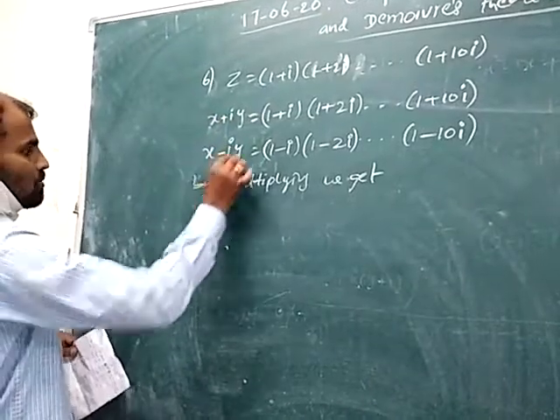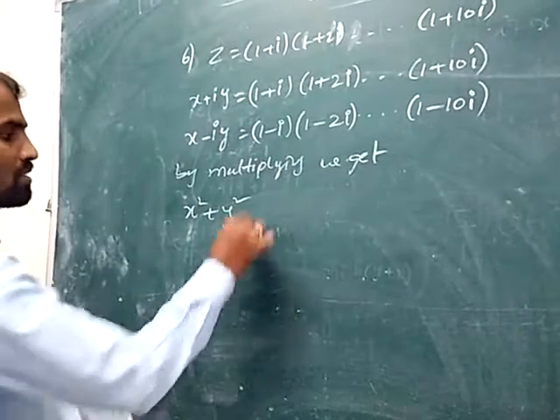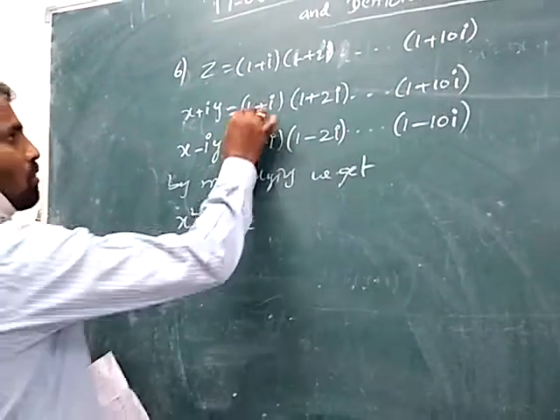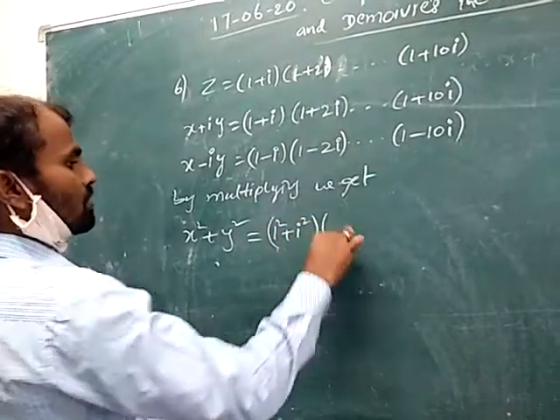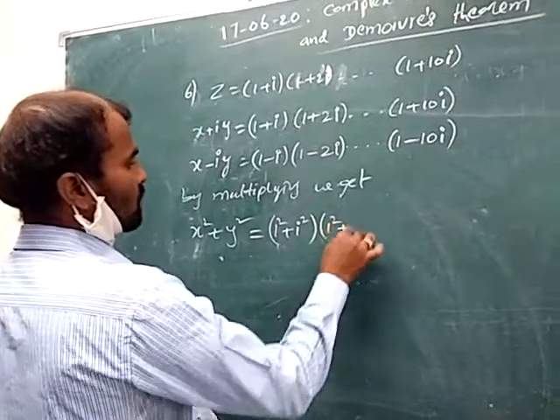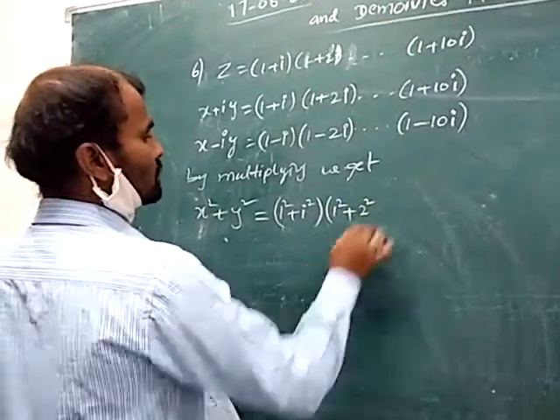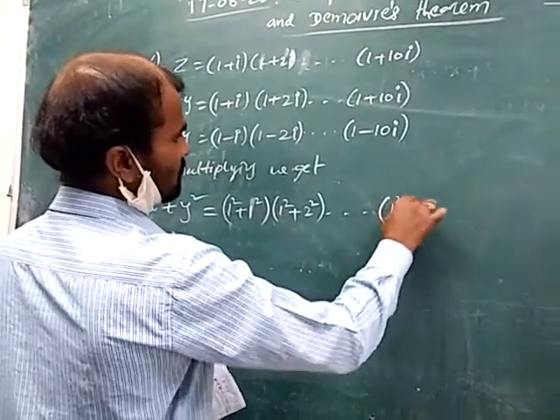A plus Ib into a minus Ib is a square plus b square, that is x square plus y square, is equal to (1 plus I) into (1 minus I), 1 square plus 1 square, into 1 square plus 2 square, and so on. Last one is 1 square plus 10 square.